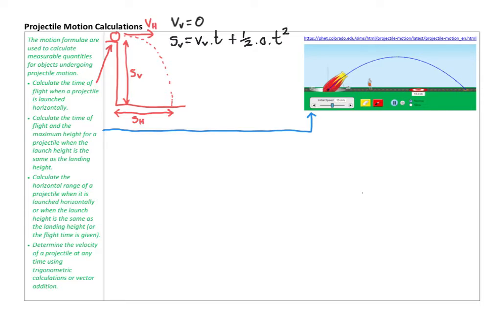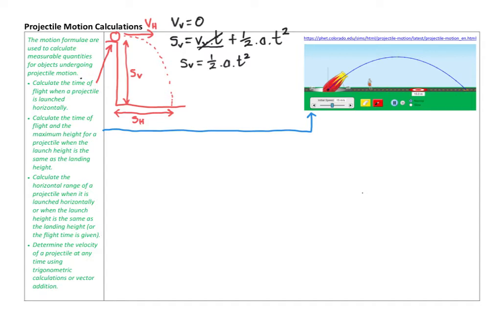Now, the initial vertical velocity is 0, so this whole term here will be equal to 0, so we can ignore that. So this simplifies to say SV, the vertical displacement, equals a half times the acceleration times time squared. But as we said here, we want to know the time of flight of the projectile.